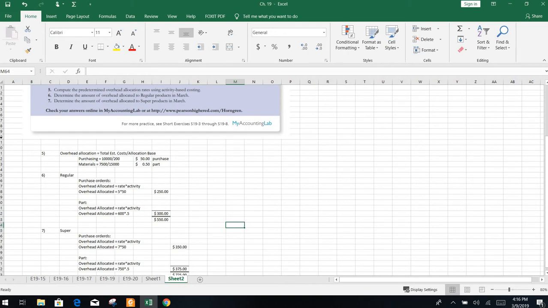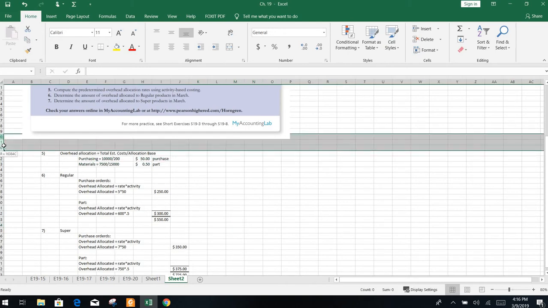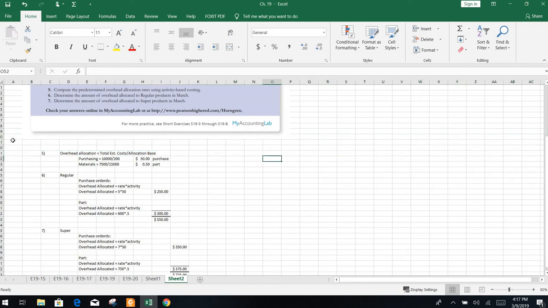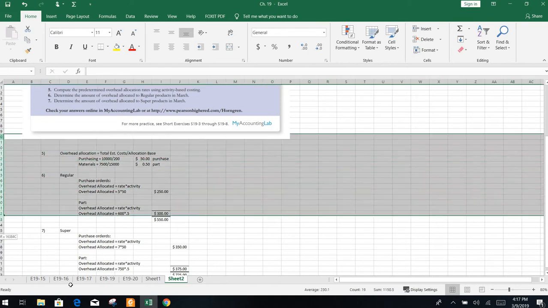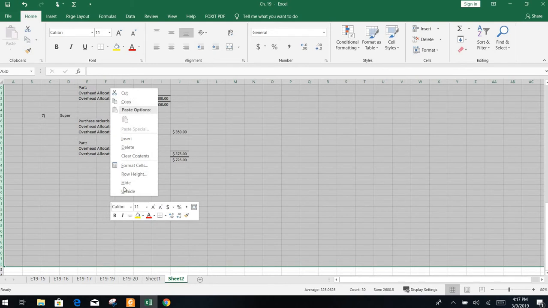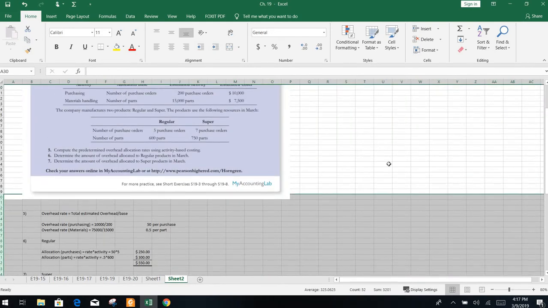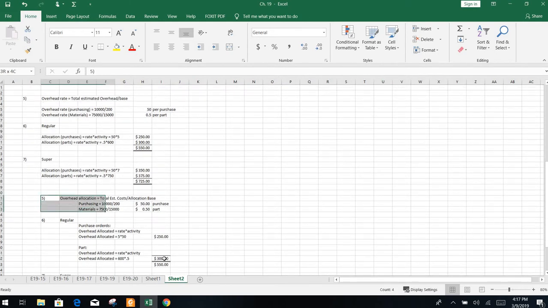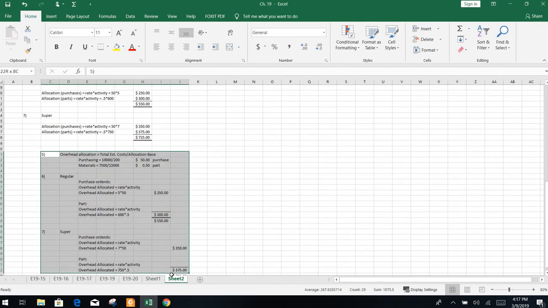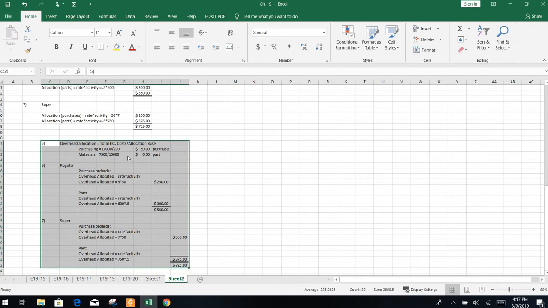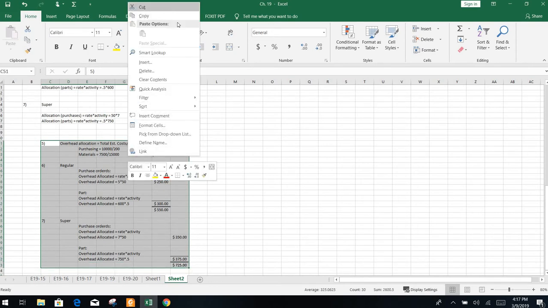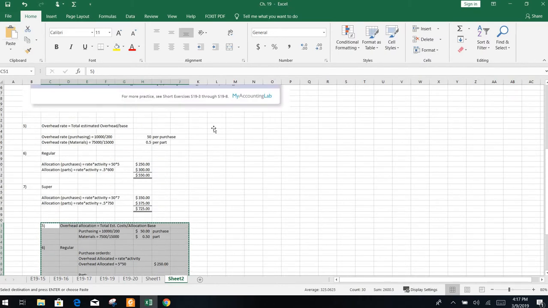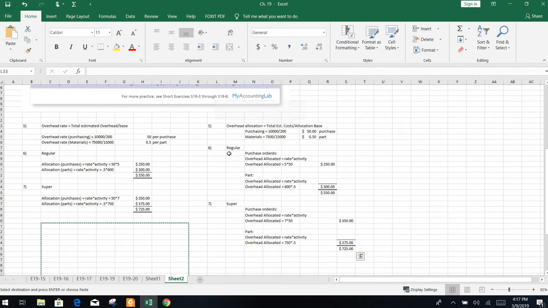I happen to do this problem already, and the answers are hidden in these cells, so I'm just going to unhide those. These are the problems that we just did, and I'll place them next to the ones I did previously just to make sure that everything matches.